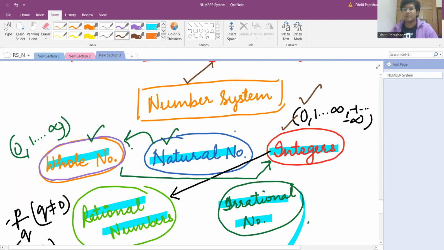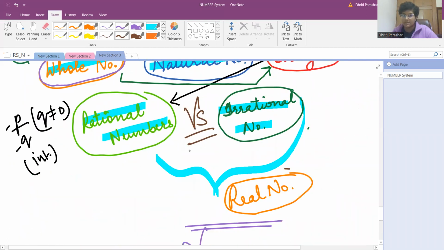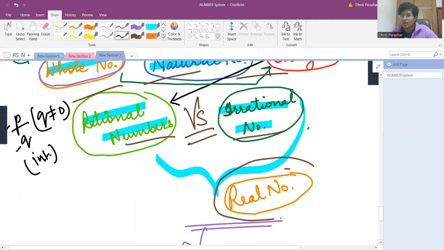So basically integers constitute of all whole numbers. All integers are rational numbers. Then you have a conflict, rational numbers and irrational numbers. And all these 5 types here, 1, 2, 3, 4, and 5, are real numbers because they do really exist.